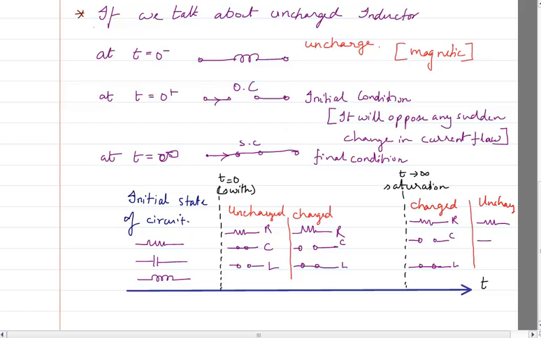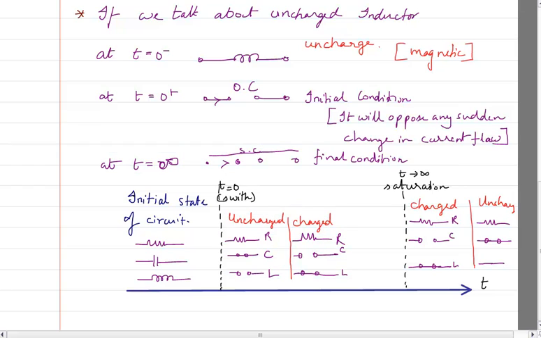So in the uncharged state, the capacitance will remain as a short circuit and the inductor will remain as an open circuit. So this is what will happen to C and this is what will happen to L.